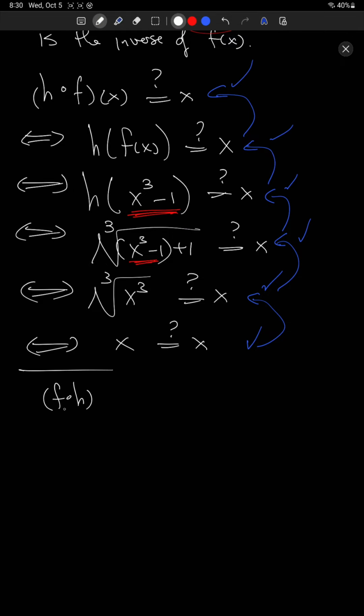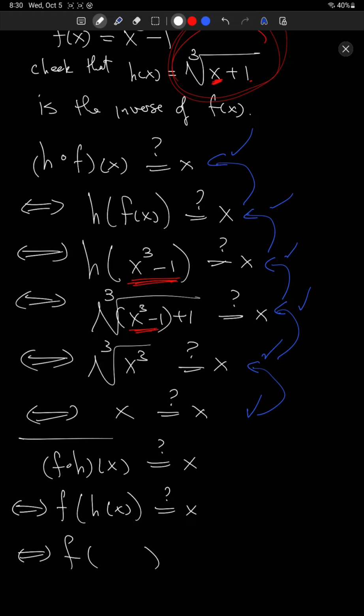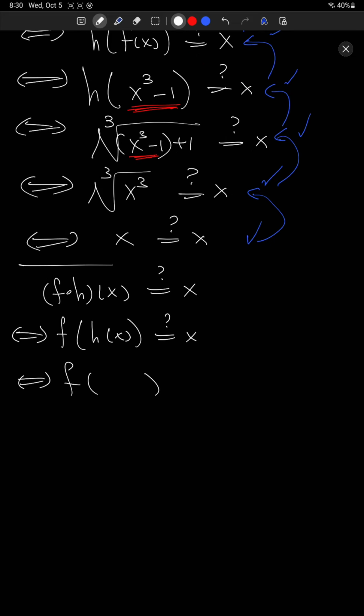f after h of x, is this equal to x? You actually do have to check both, because sometimes one will be true and not the other. So this is the same as asking, is f of h of x equal to x? And that's the same as f of, what's h of x? It's the thing that adds 1 and then cube roots.